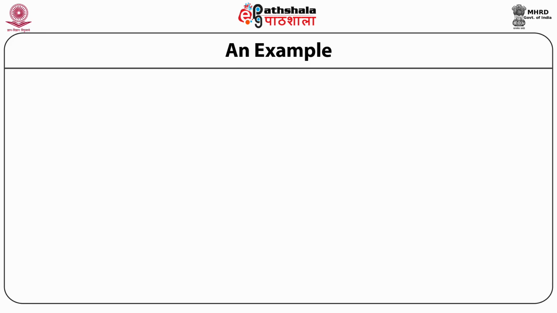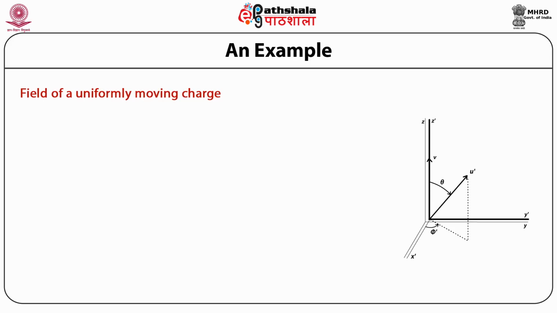Now let us consider an example in which we are considering the field of a uniformly moving charge. So if we look at the figure, let us consider 2 different coordinate systems or frames of reference. So in the K frame of reference, we have the coordinates x, y and z, while in the K prime frame of reference, we have the coordinates x prime, y prime and z prime.